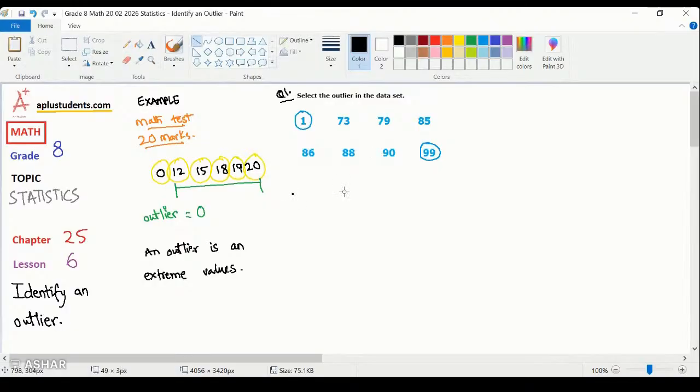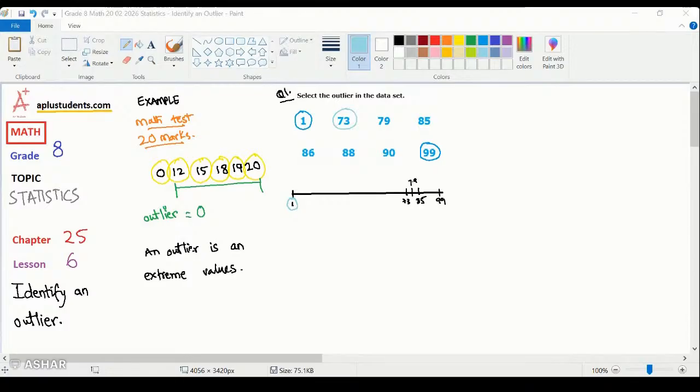If I draw a number line, 1 would be here, whereas 73, 79, 85, and 99 would be concentrated on one side. That means 99 cannot be an outlier, whereas 1 is far away from 73. Agreed?